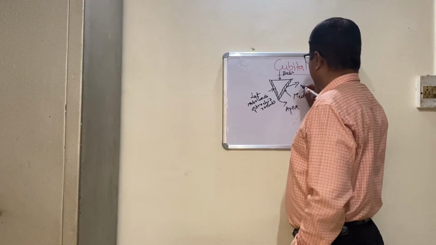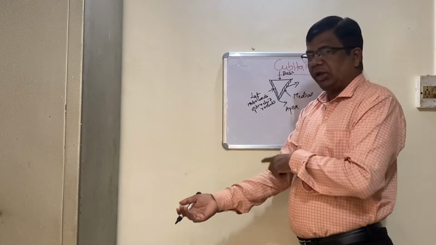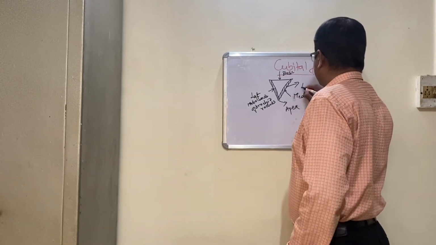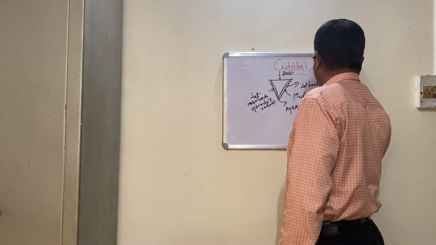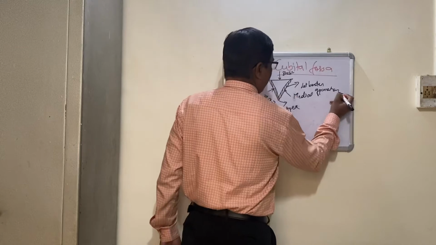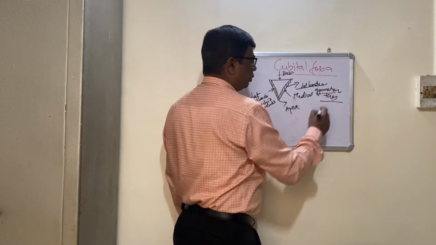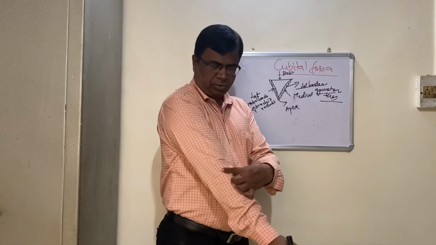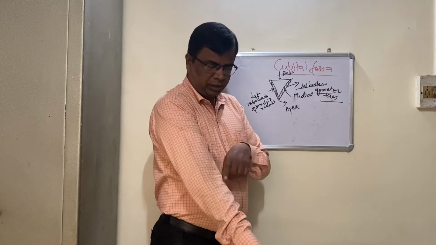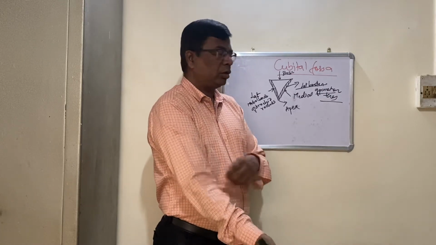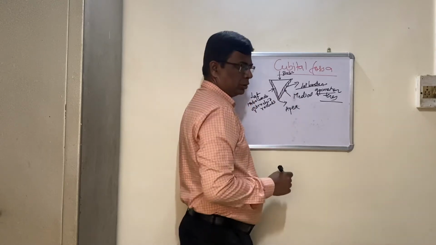The medial boundary is formed by the lateral border of pronator teres. The apex is formed by the meeting of the medial and the lateral borders.